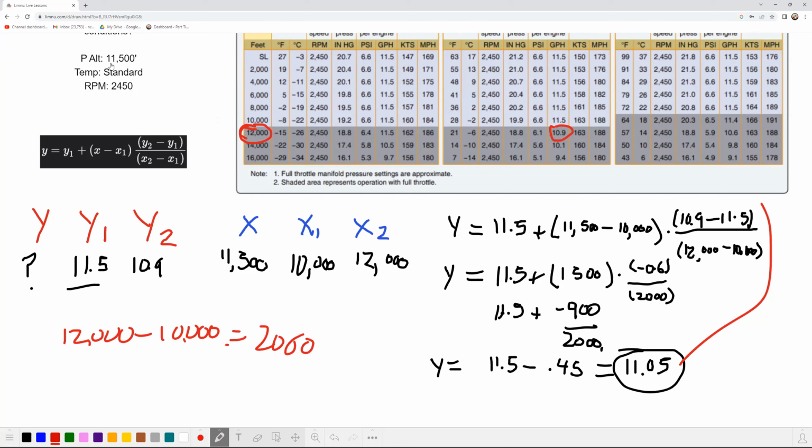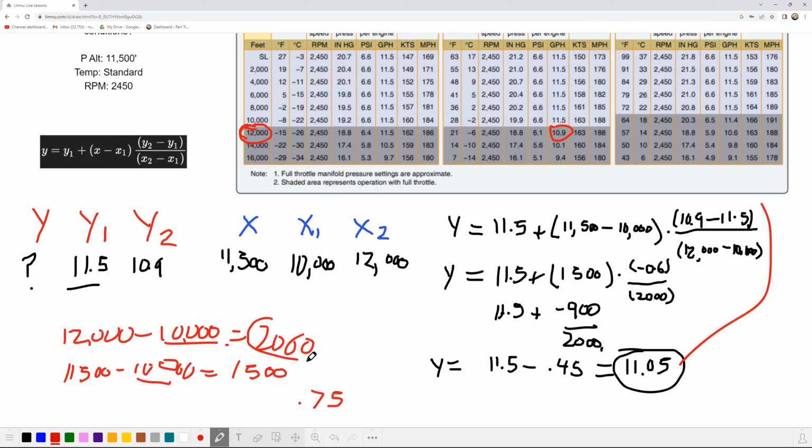And then 11,500 is 1,500 away from 10,000. So it's a difference of 1,500 from 10,000, and here it's a difference of 2,000. Then 1,500 divided by 2,000 is 0.75. So it's 75% of the way.